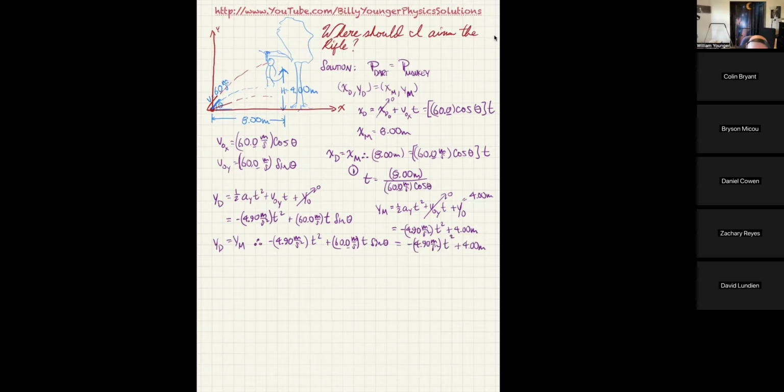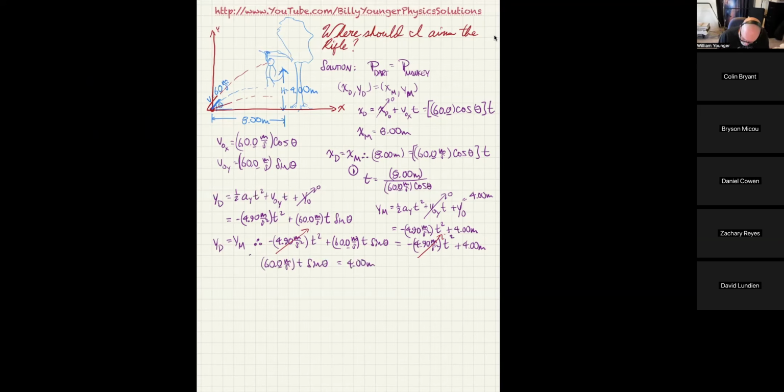I think you can see that the 4.90 t squared appears on both sides. So those two cancel each other out. And we end up getting instead just 60.0 meters per second times time times the sine of theta is equal to 4.00 meters.